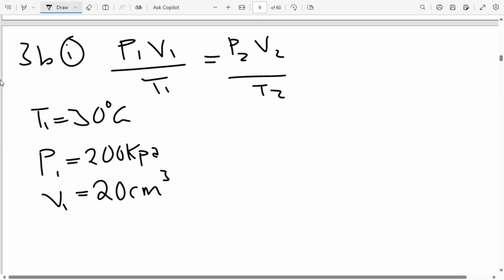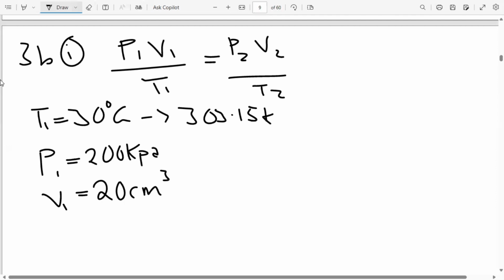So what are we going to do first? Let's convert our temperature into Kelvin. I'm going to add 273.15, and this gives us 303.15 Kelvin. I think that's all we're supposed to convert.